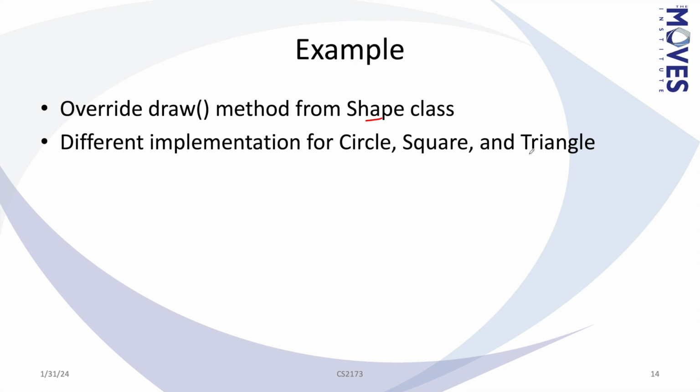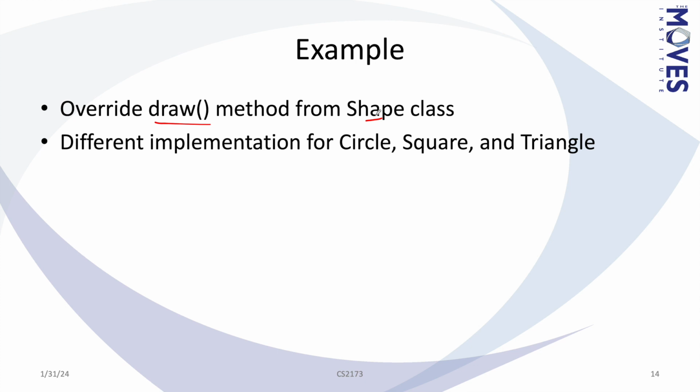So in that case, it was overridden. And when a method such as draw is declared to be abstract, then it must be overridden in order to have a concrete class. In other words, if a class has one abstract method, then it must be declared abstract.